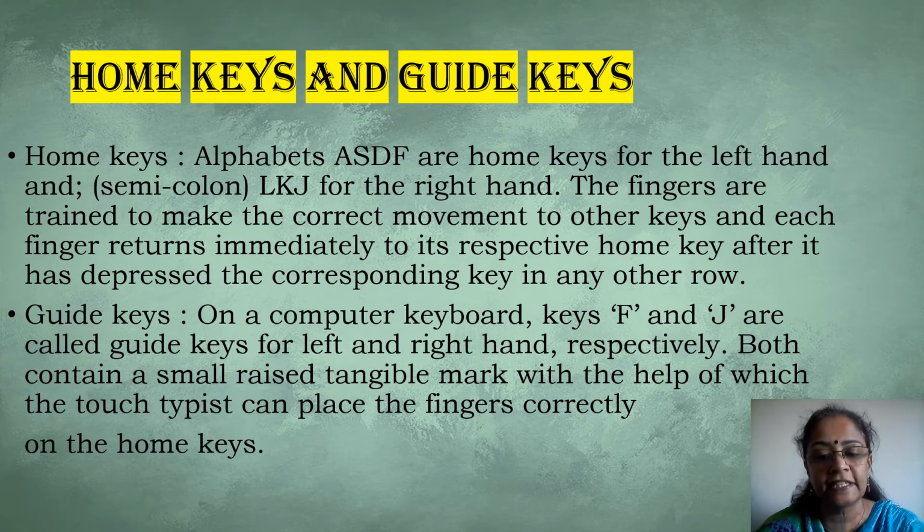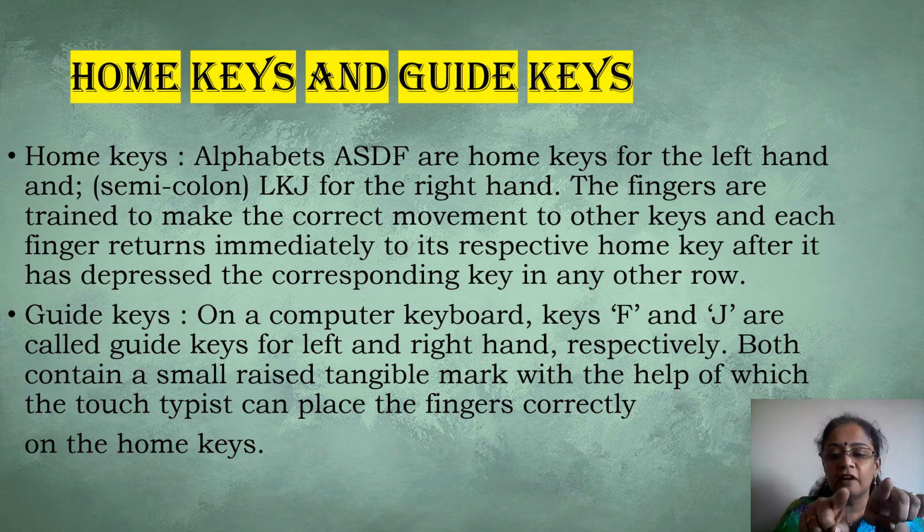Please go through it and see on every keyboard, the F and the J keys are called the guide keys because they help the person who is typing, the touch typist, to place the fingers correctly on the home keys. So once you keep all your fingers properly, the two fingers will be on the F and on the J key.